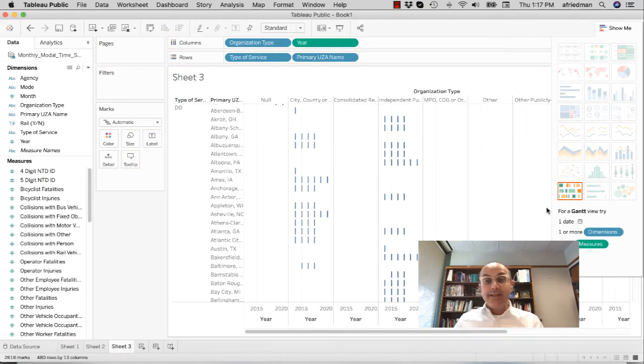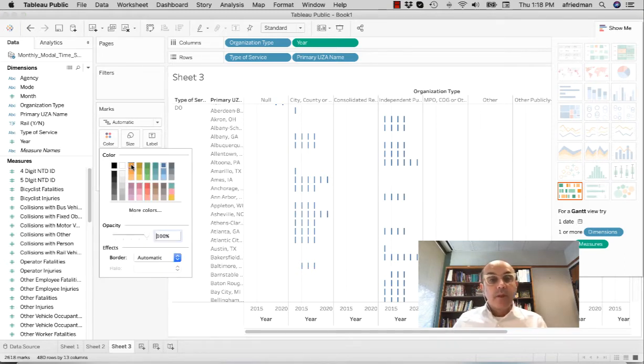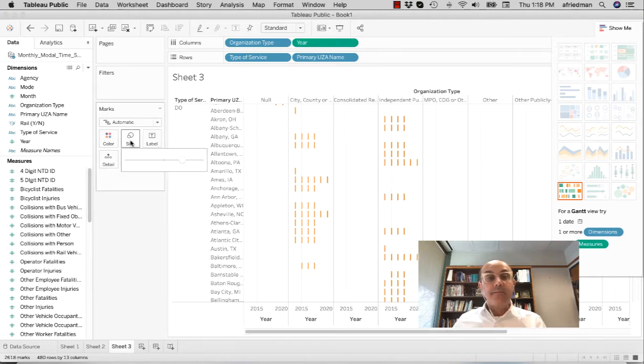And again, this is the beauty of Tableau, that it gives you dimensions of how to apply. You can add colors to it. You can add size. You can have labels, and you can have more details.